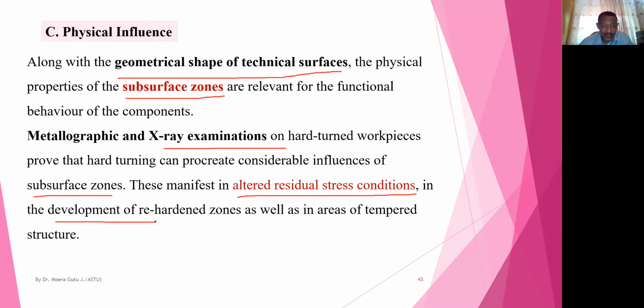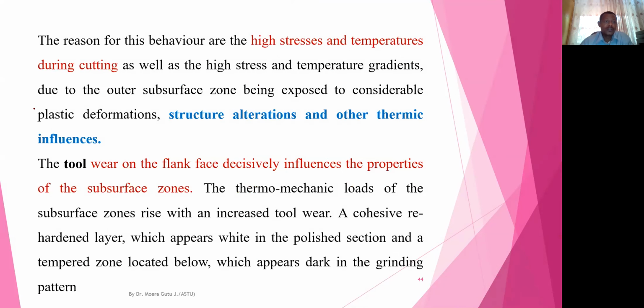The development of re-hardened zones as well as areas of tempered structures. The reason for this behavior is the high stresses and temperatures raised during machining of hard materials, because the hardness of the work material is very high.